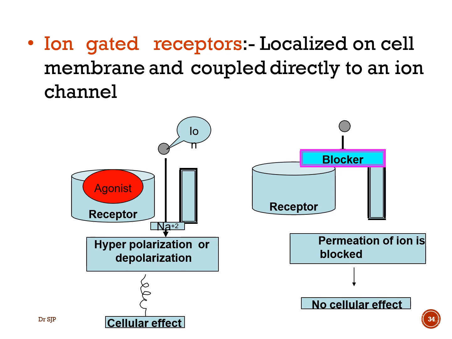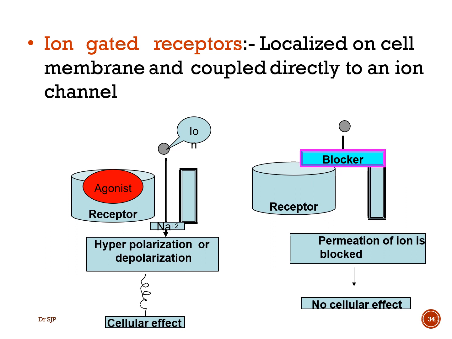As you can see here, only if the receptor is occupied by agonist will it open the ion channels. Then there will be a subsequent flow of ions through these channels, which will produce the cellular response in the form of depolarization or hyperpolarization of the cell membrane.